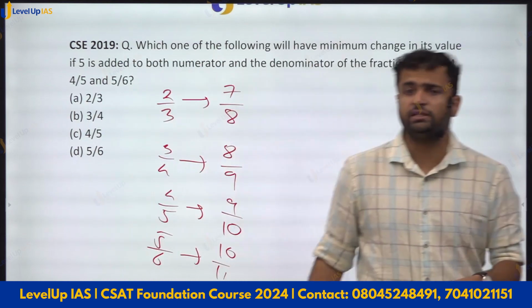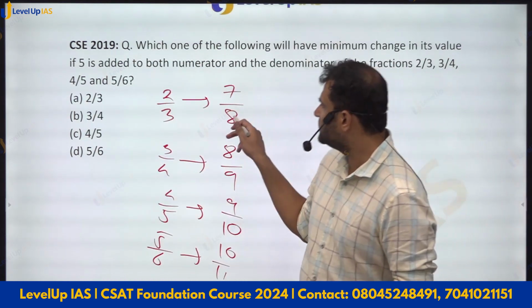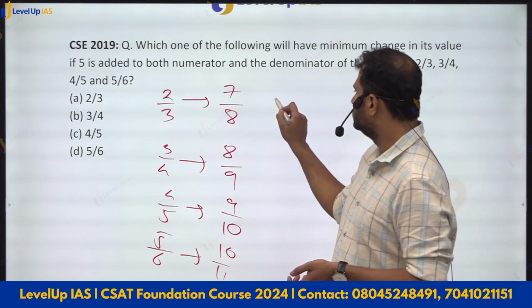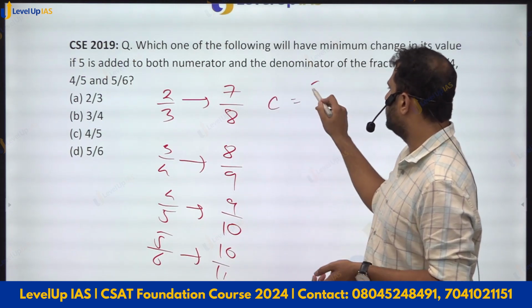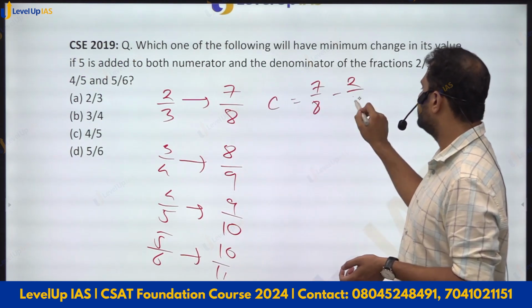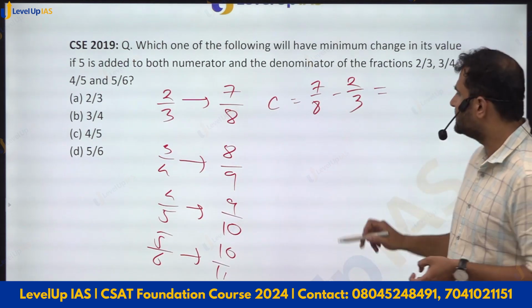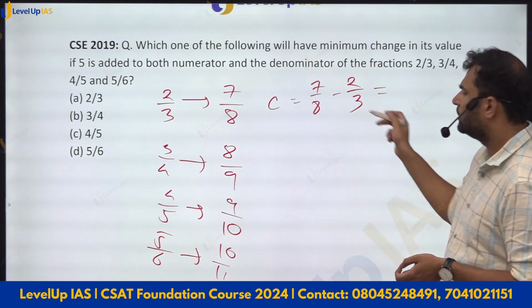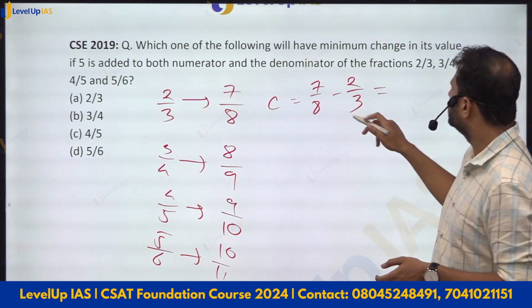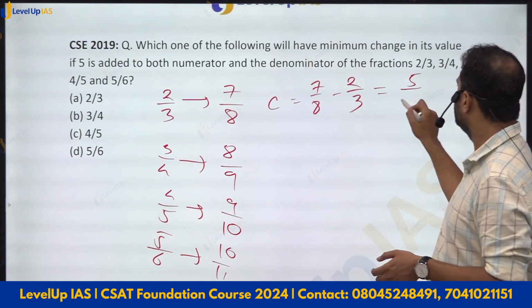To find out which change is minimum, we have to calculate the change. Change is this minus this. Change is equal to 7 by 8 minus 2 by 3. I am sure you are familiar with how to subtract two fractions. So by cross multiplication, we get 5 by 24.